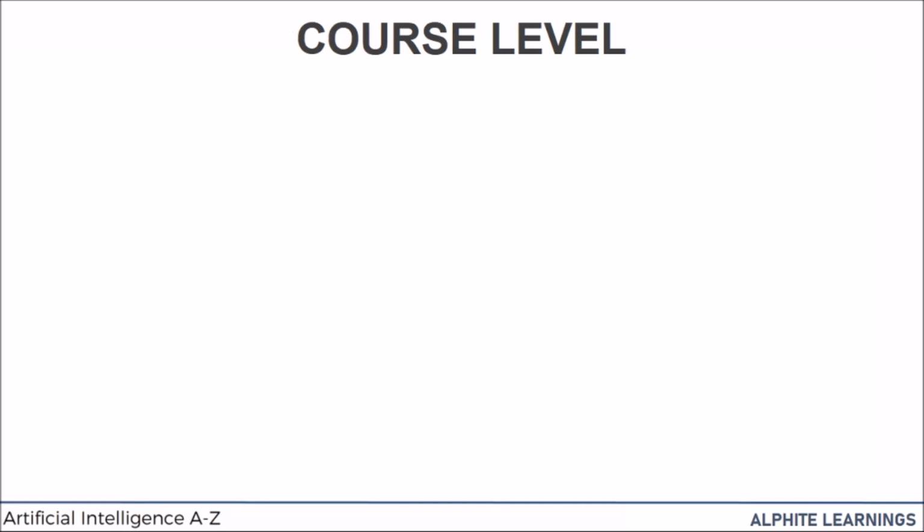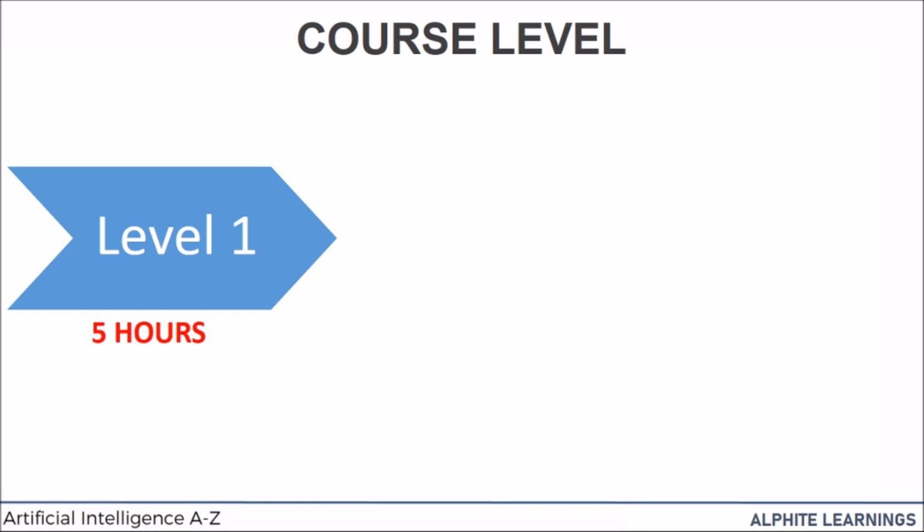Moving further, let me brief you about the course levels. This is where we are currently. This is a 5 hours program, so we are at level 1. In this level 1, we'll start from very basic scratch and give an appropriate idea of how artificial intelligence works and where it is involved.